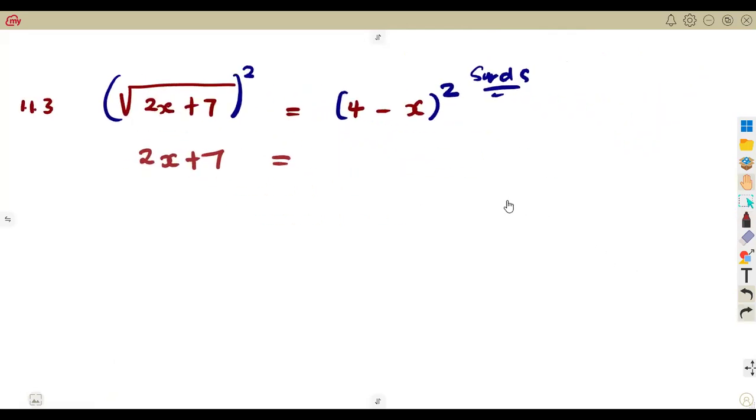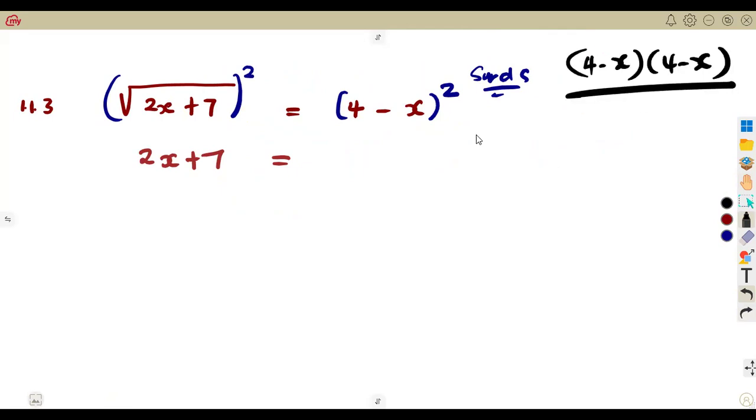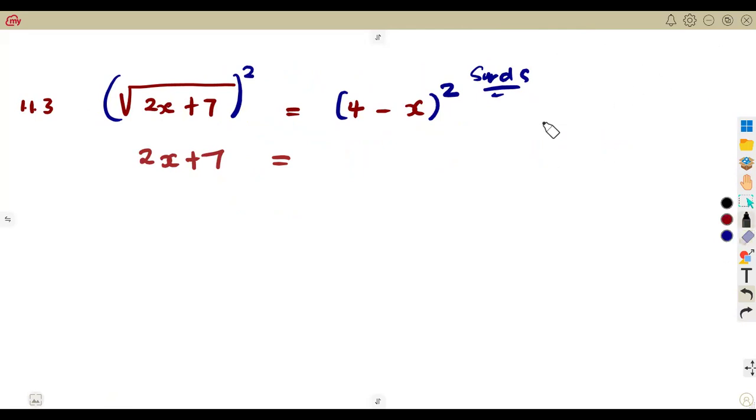How do you square that? It's either you're going to have 2 brackets of 4 minus x, another bracket 4 minus x. It's up to you. You expand these brackets. Or you can simply use your identities, as you know that a minus b squared is equivalent to a squared minus 2ab plus b squared.